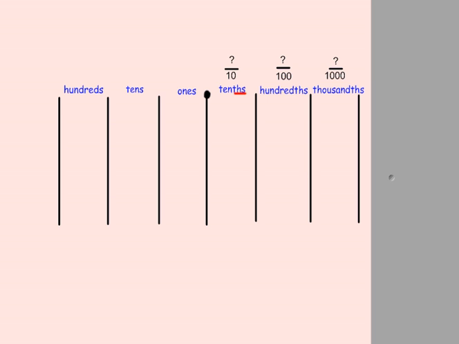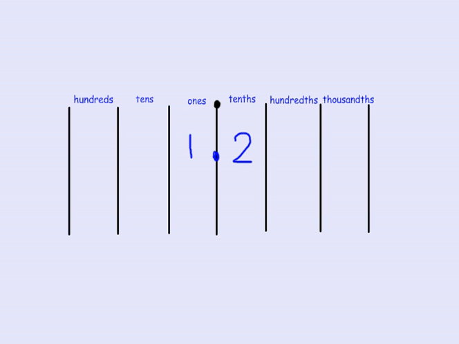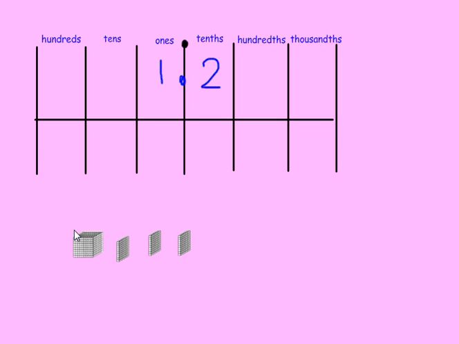So, say we've got the number 1.2. It's going to be 1 whole and 2 tenths. Do you know what that would look like on the MAB blocks? You got it. It would be one of these and 2 tenths.